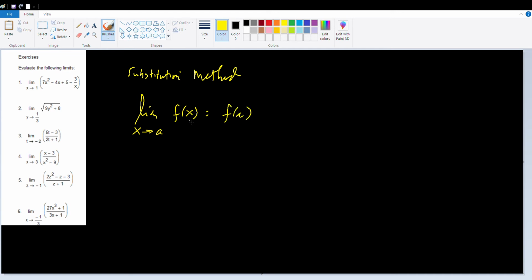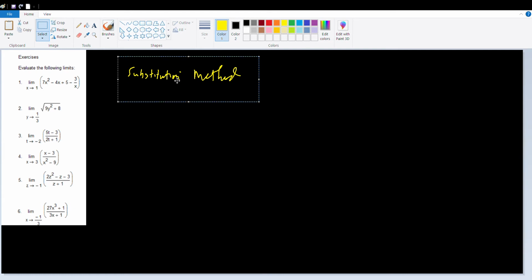But we are not saying that f of a is the function value. That is the simplest way, but it's not always that you can substitute a for x in f of x. Examples wherein the substitution method fails will be given later.